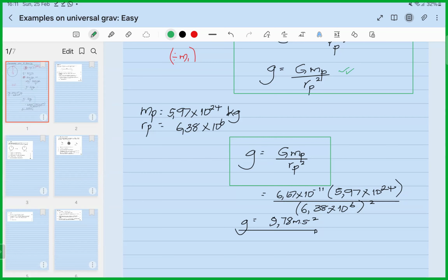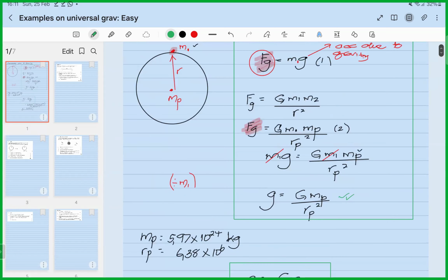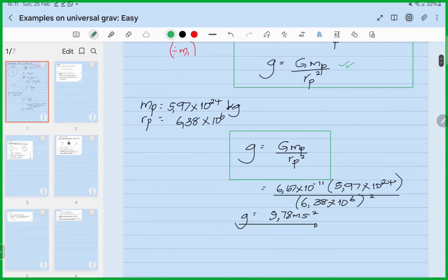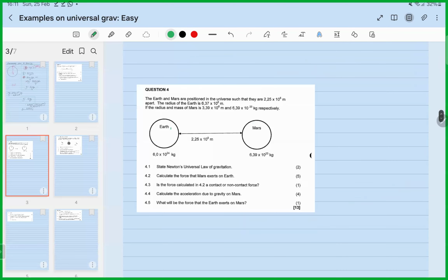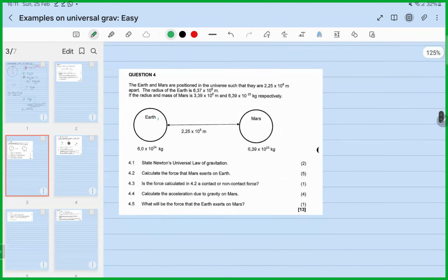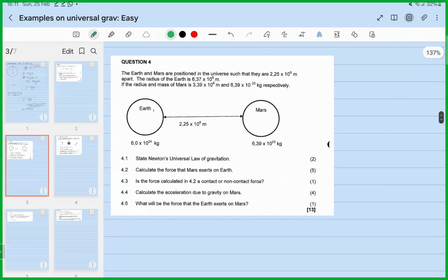So what's the difference between the formulae? 90% of the questions are going to ask you something about a gravitational force. Few questions are going to ask you about the gravitational acceleration. Let me just show you this. Here is a question that asks you to calculate the force between Mars and Earth.